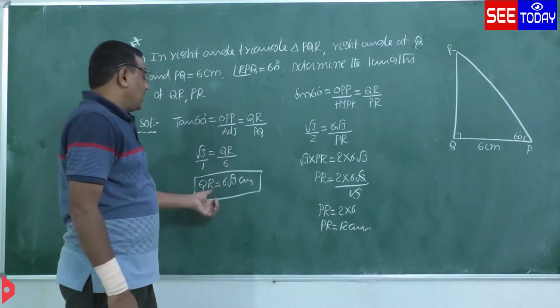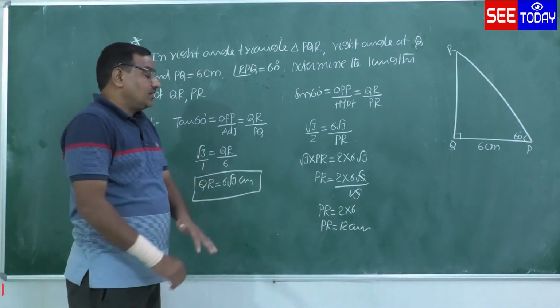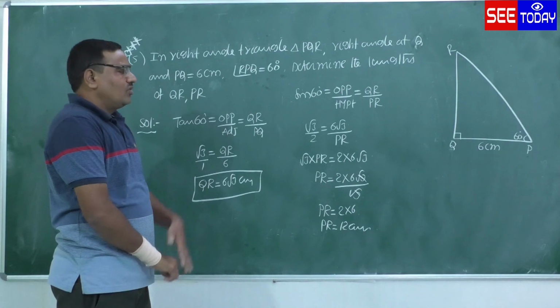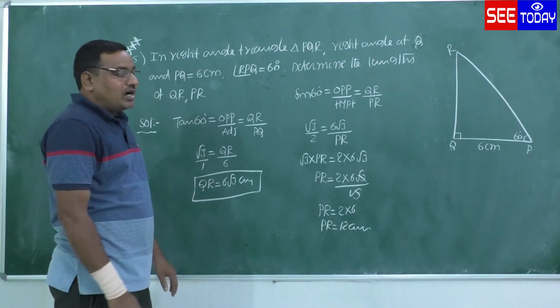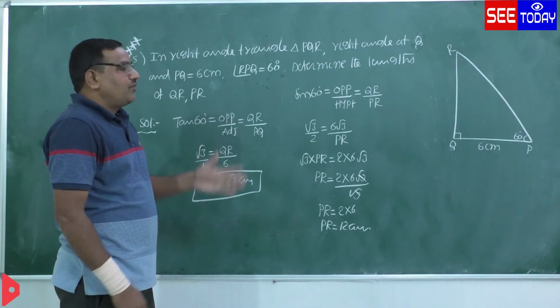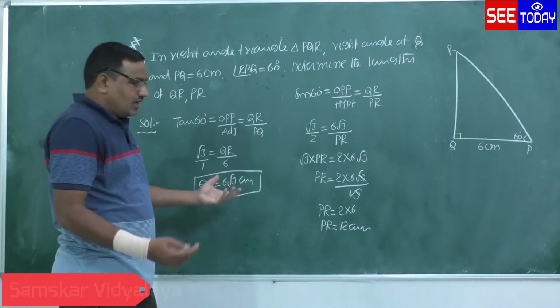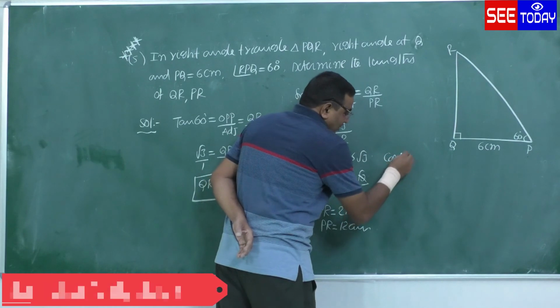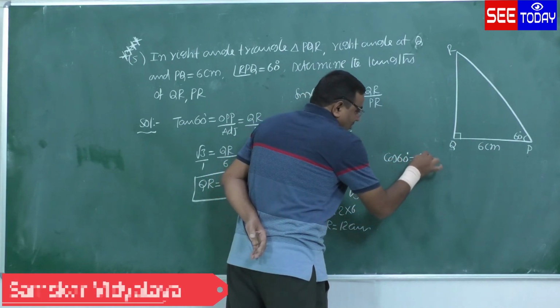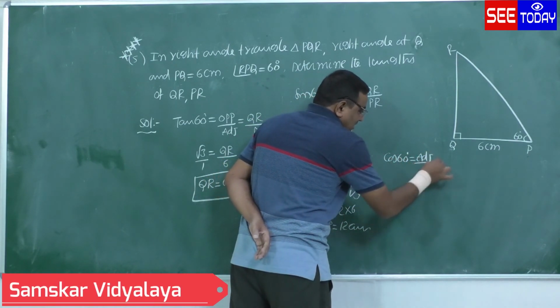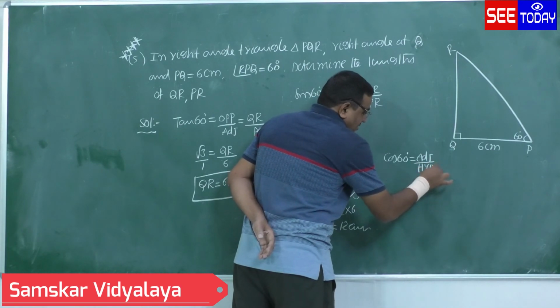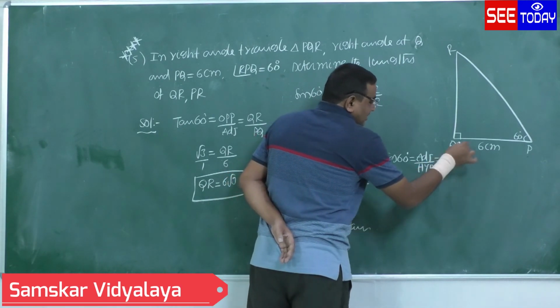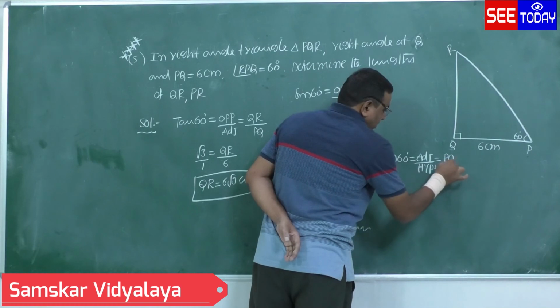Now QR is equal to 6 root 3 and PR is equal to 12 centimeters. Okay. But some students may have a doubt. Sir, if we take cos theta, what will happen? Let us see. Cos 60 you can take. Cos 60 is equal to adjacent side by hypotenuse. Now what is the adjacent side? PQ.